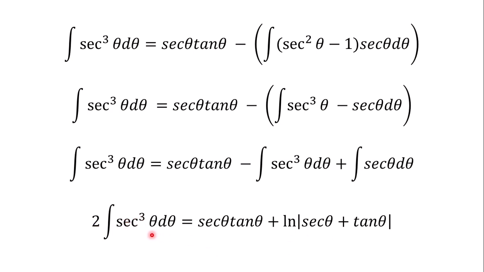But what if I want to get the answer for only this one? How am I going to do that? Well, don't worry. I should have stopped with the whole of this one as the answer to the integral that we are just solving, and then moved on to the other one.